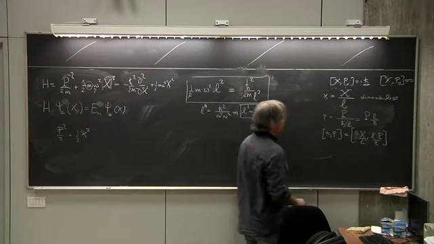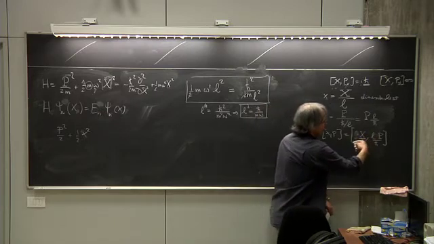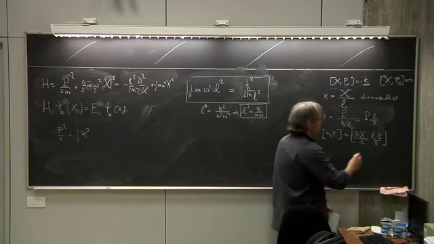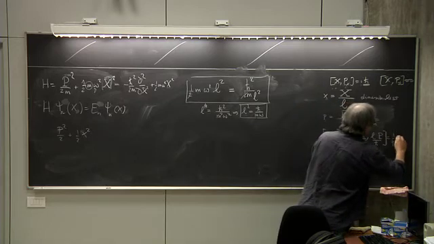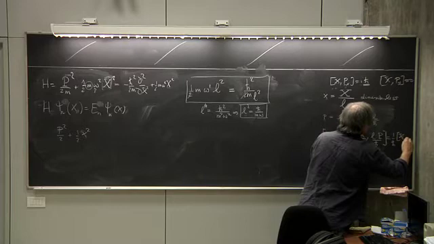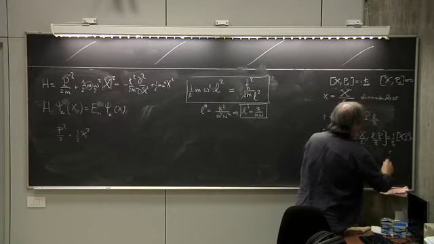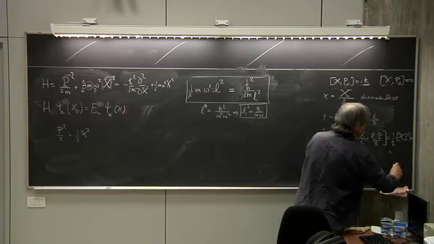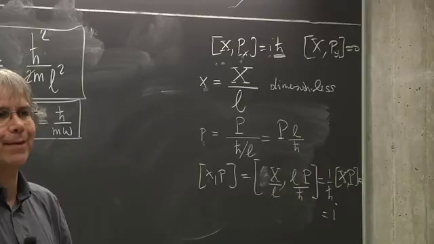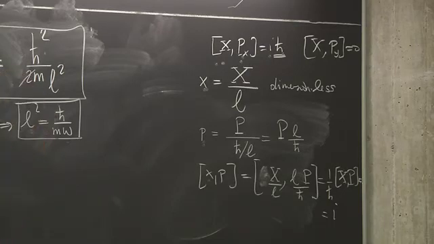Now, these are just constants, and you see that in both terms of the commutator, the L drops. So this is equal just to 1 over h bar, the commutator of big X and big P, which is i h bar. So the h bar drops. The result is just i. So it's as if h bar now has been set to 1. But I never set it to 1. I just used new units of length. All right? Let us see what happens to the Hamiltonian with this choice of units.